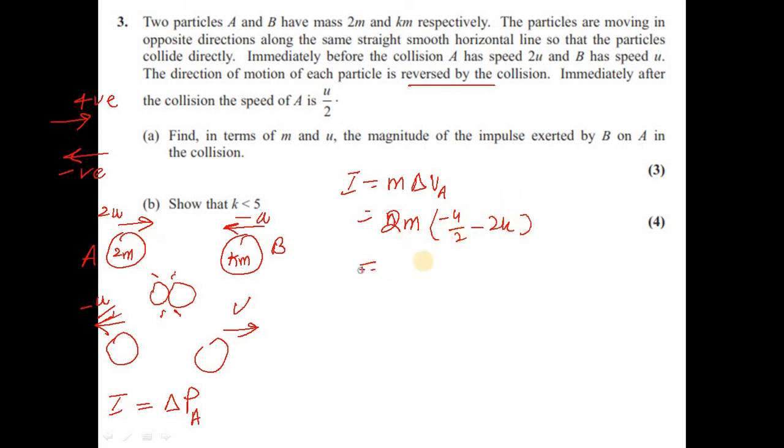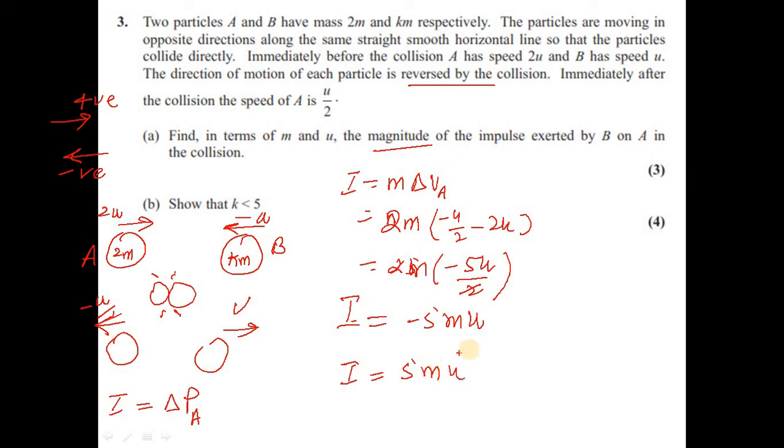If you solve this, it is 2m times (minus u minus 4u) over 2, which is minus 5u/2. The 2 gets cancelled, so I is equal to minus 5mu, but you need the magnitude only. So I is 5mu. This is the impulse on A by B.